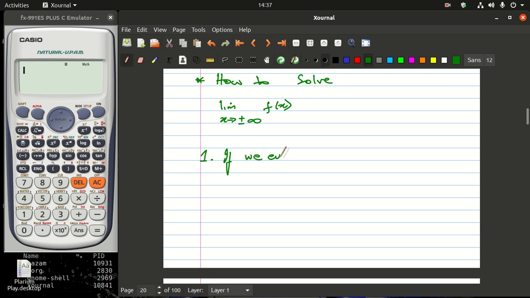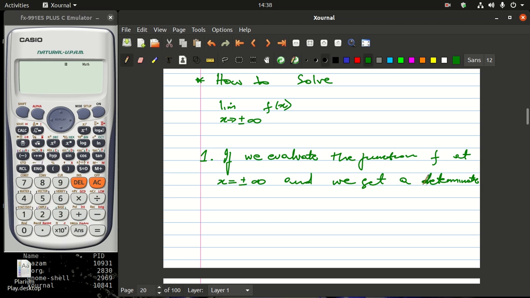If we evaluate the function f at x equal to positive or negative infinity, and we get a determinate form, we just evaluate the limit.